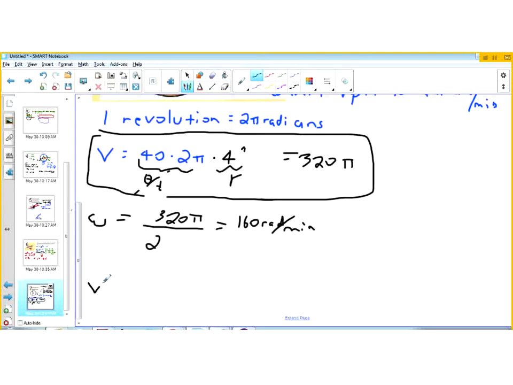So we know that the linear speed of the wheel sprocket, which is the linear speed of the bicycle, would equal the angular speed of the wheel sprocket times the radius of the wheel sprocket. And that would equal 160 radians per minute times the radius of the wheel.